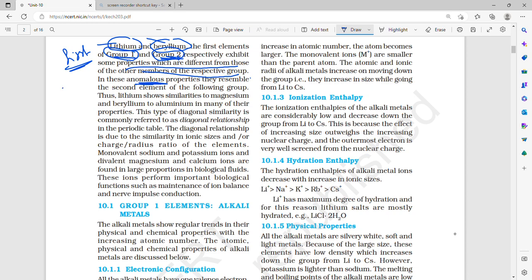Both the elements should be similar to the members of their group, but they are differing from the norm. So they are anomalous, and these anomalous properties resemble, this is very important, the second element of the following group. Thus, lithium shows similarities to magnesium and beryllium shows similarities to aluminium in many of their properties.